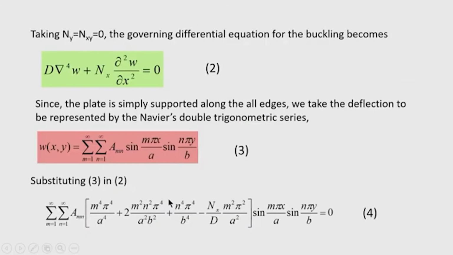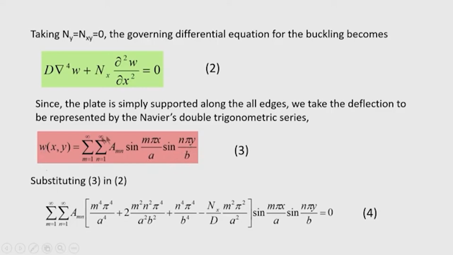Now, taking the help of Navier's double trigonometric series as expressed here, w x y equal to double sum, m equal to 1 to infinity, n equal to 1 to infinity, a m n sin m pi x by a sin n pi y by b.